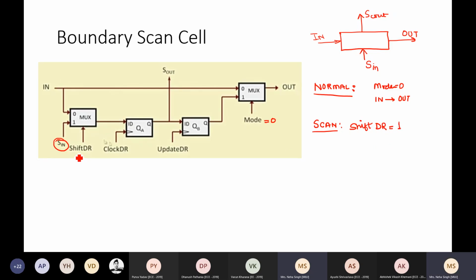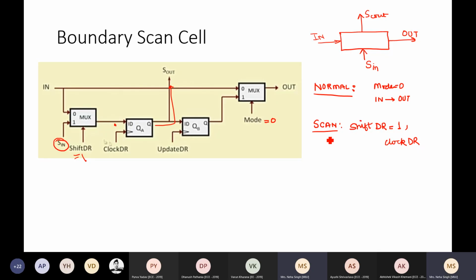When shift DR is equal to 1, the data from SIN will be read by this multiplexer and not this input data, which will be passed on to the input of my D flip-flop. Now at the clock cycle, when I have the clock DR as the positive edge, the data will move into the D flip-flop so that I can read that data at S out.